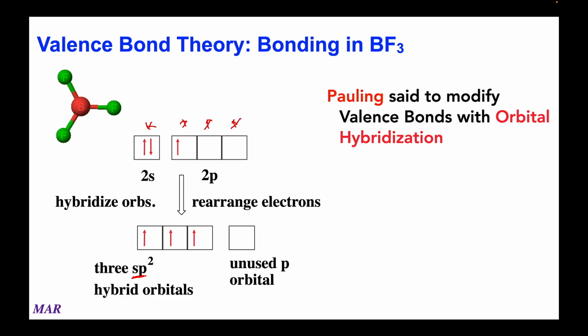So instead of having a 2s and 2 2p orbitals, you end up with 3 sp2 orbitals. You can see where maybe this came from. The sp2 means 1 part s and 2 parts p, and each of those has a single electron in it. Now, one of the p orbitals was not hybridized. It's unused, and we'll talk about why that's important.